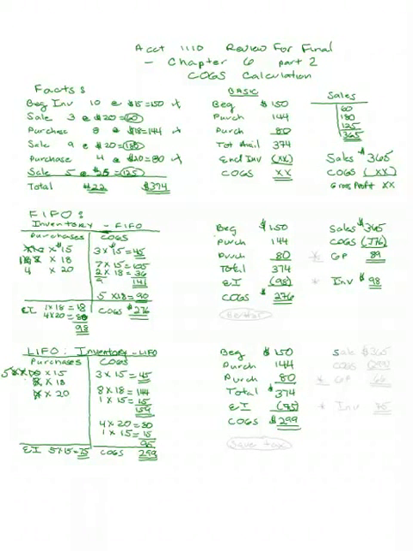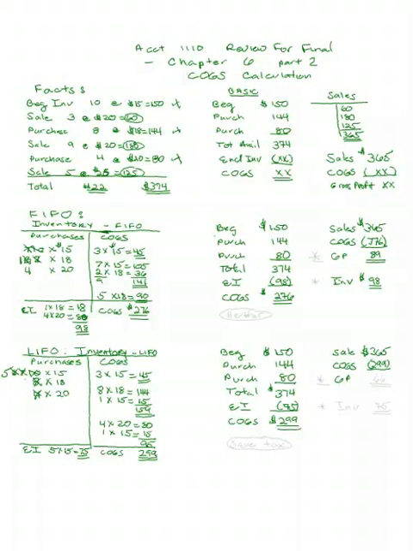So under LIFO, the sales amount wouldn't change. It's going to be $365, but our cost of goods sold, calculated 2 different ways for you, was $299. So what's our gross profit on our income statement going to be? It's a good question, isn't it?